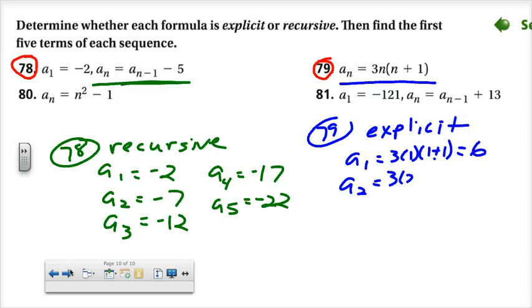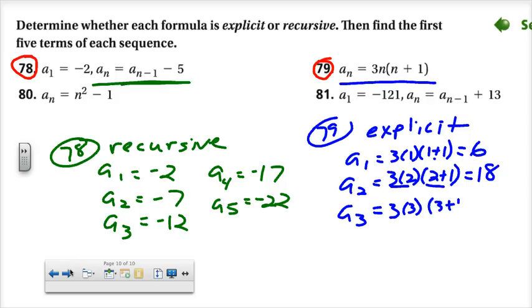Second term is 3 times 2 times the quantity 2 plus 1. Quantity 2 plus 1 is 3, so we will have 6 times 3, which is 18. Third term, 3 times 3 times 3 plus 1. Well, 3 plus 1 is 4, 3 times 3 is 9, 9 times 4 is 36.